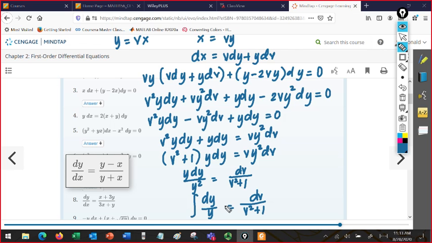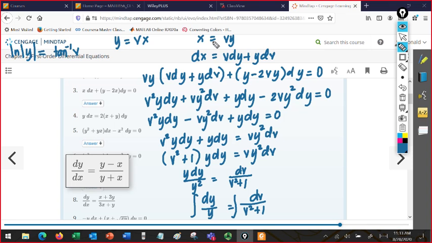Then integrate both sides. So dito na lang sa kaliwa, leading to ln, dy over y, the integral is ln of y. Then yung nasa kanan, that leads to arctangent of v.